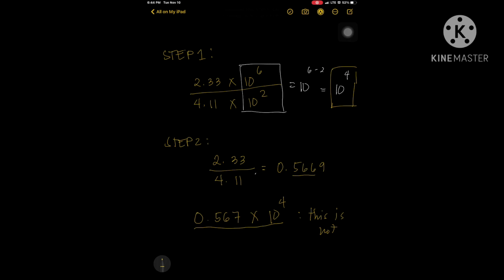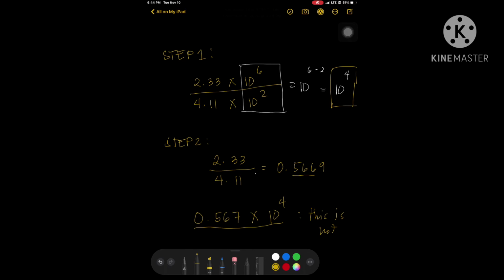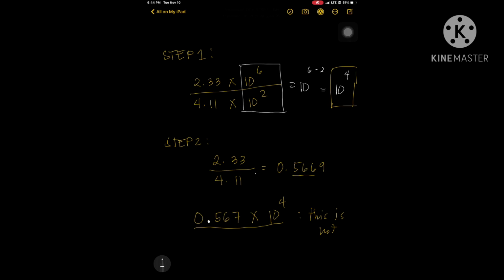0.566 and 9, and so on and so forth. So we will just get the first four digits.